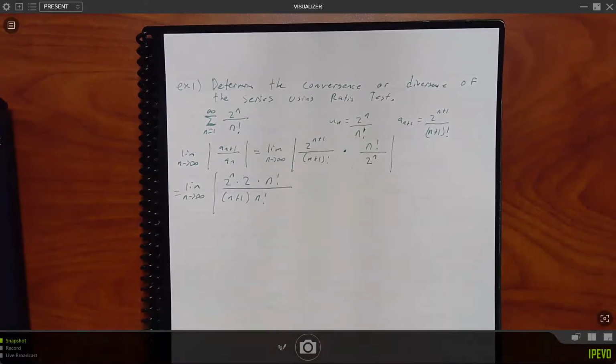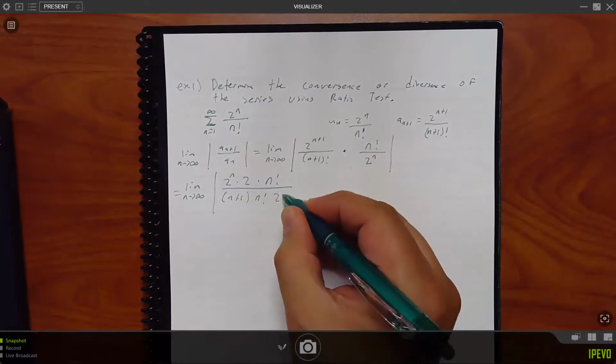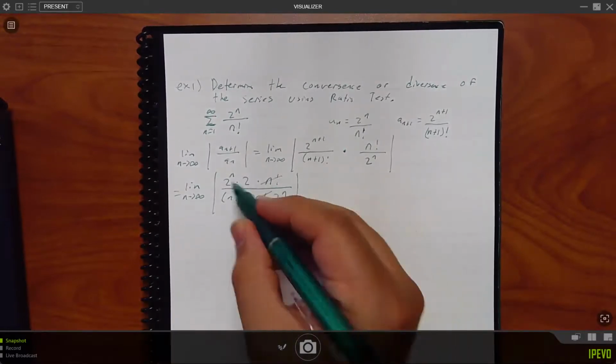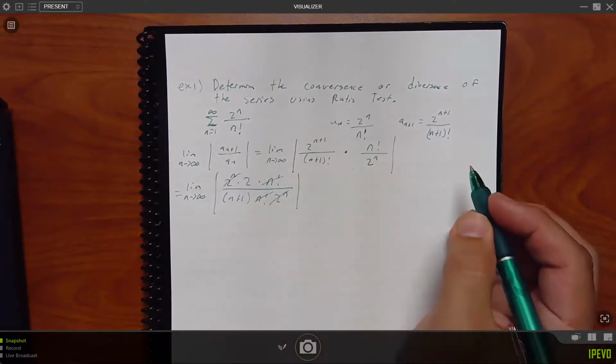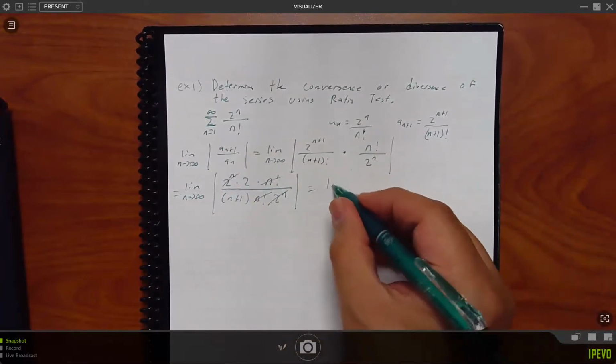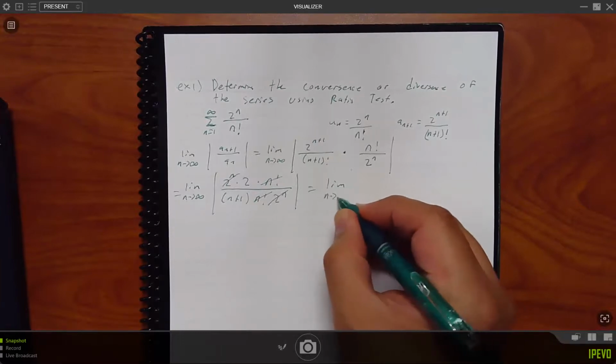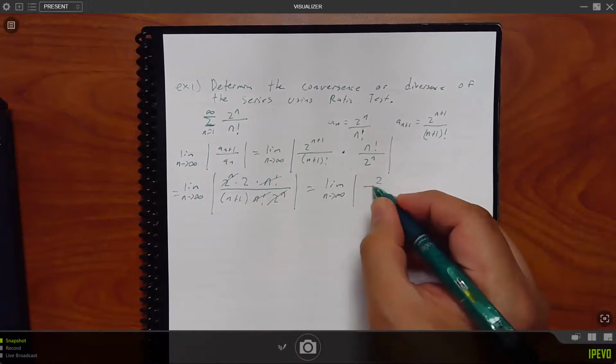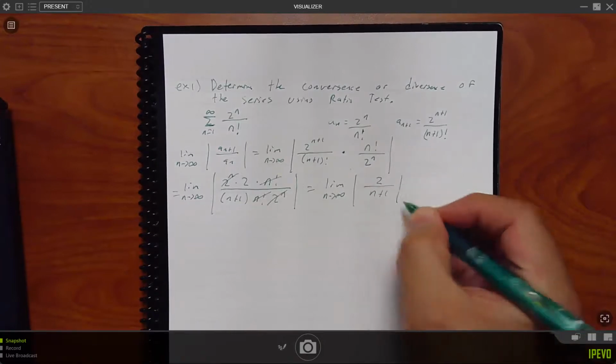Maybe we can expand it a little bit and then stop. There it is. I did that on purpose because we're going to cancel these and these. So after all that algebra, I guess witchcraft, it's going to be 2 over n plus 1.